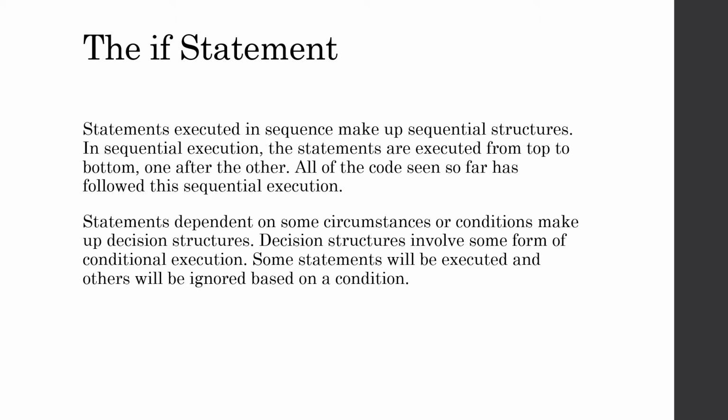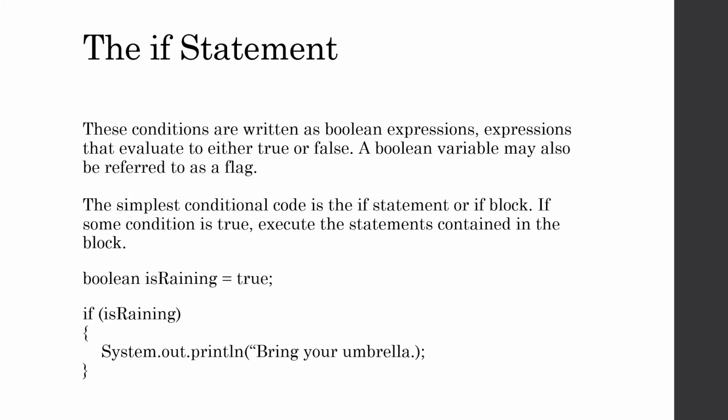So statements that are dependent on some circumstances or conditions are going to make up your decision structures. So these decision structures involve some form of conditional execution. Some statements will be executed while others are going to be completely ignored based on some kind of condition. So to start taking a look at the structure of this if statement, these conditions are going to be written as Boolean expressions.